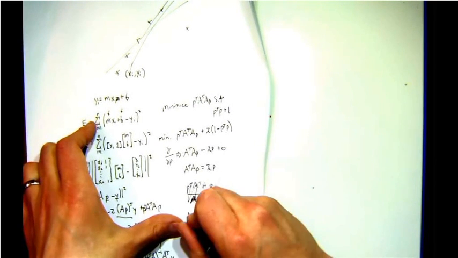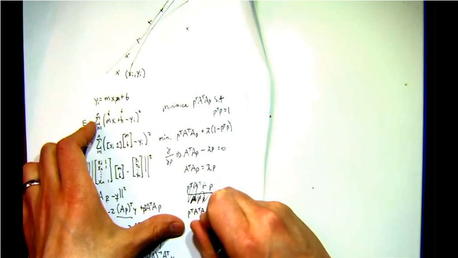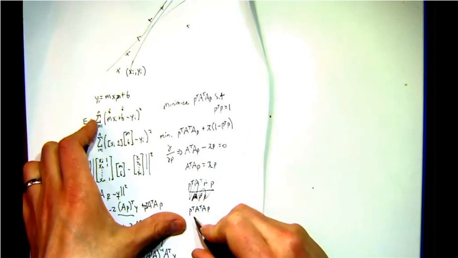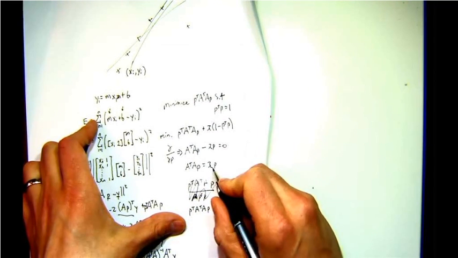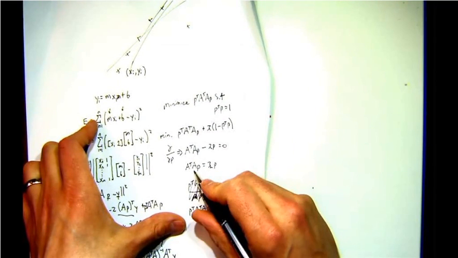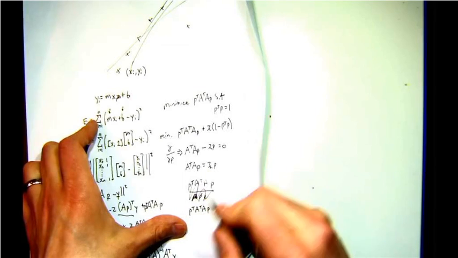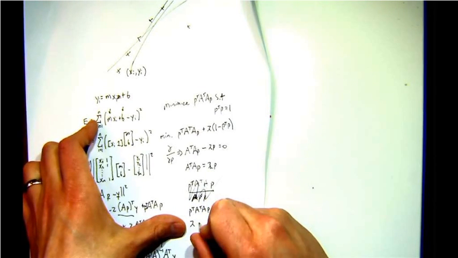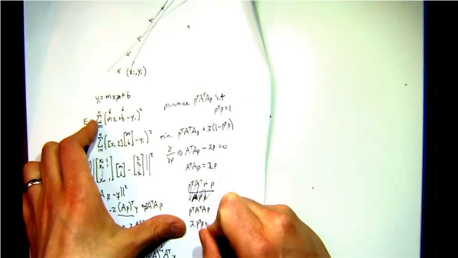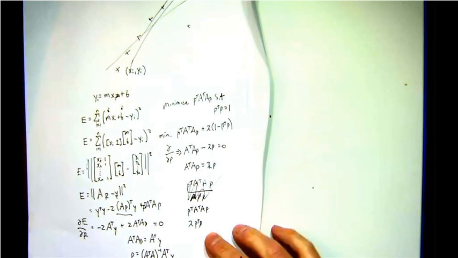Since the value that I'm trying to minimize is p transpose A transpose A p, I can substitute lambda p for A transpose A p. And so then I've got lambda p transpose p as the value after I've found one of these critical points through the eigenvectors.